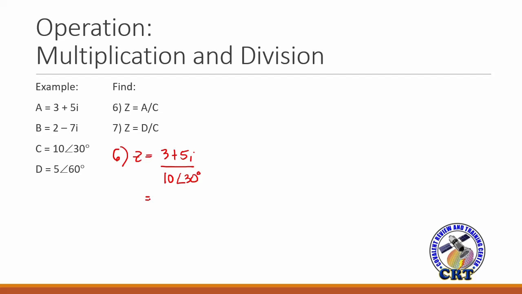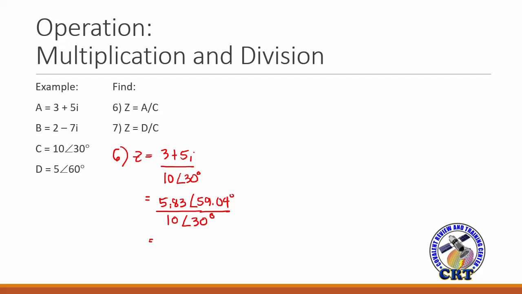So pol 3, 5. Okay, so the calculator will give us 5.83, angle of 59.04 degrees, over 10, angle of 30 degrees.